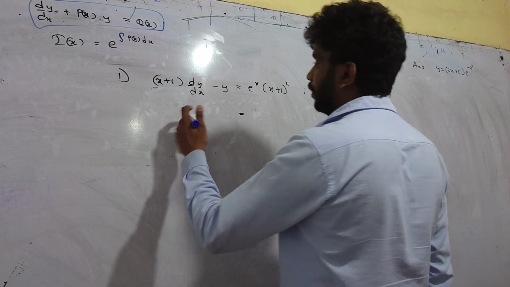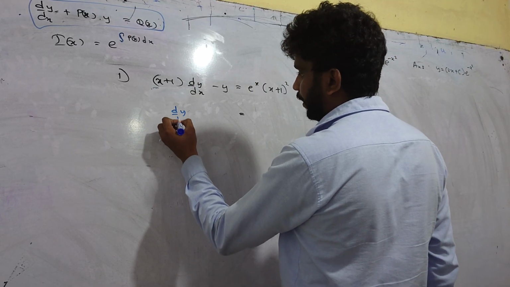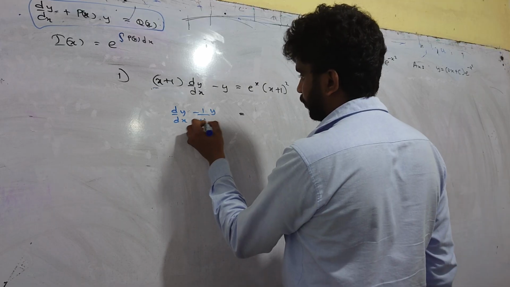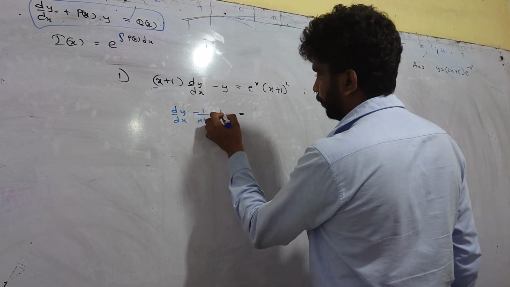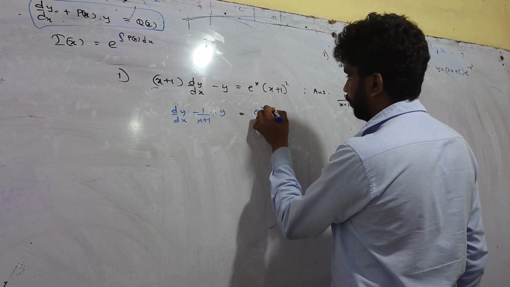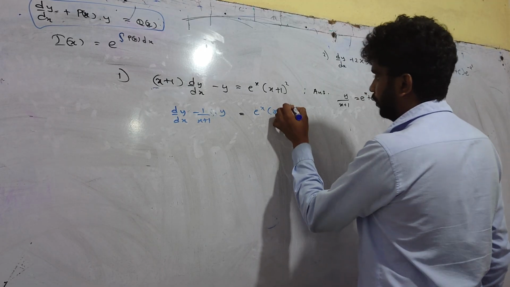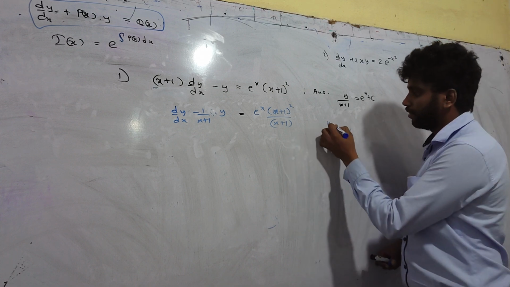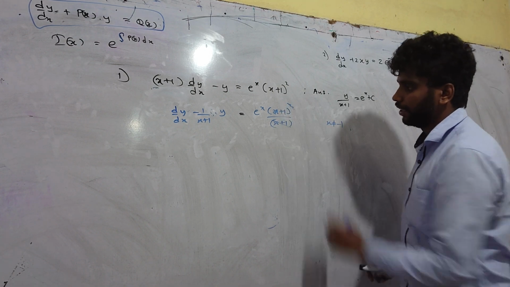Then we can divide both sides by x plus 1 first. Then this becomes minus 1 over x plus 1 into y, e to the power x plus 1 squared over x plus 1. Since x is not equal to minus 1, this is going to be cancelled off.